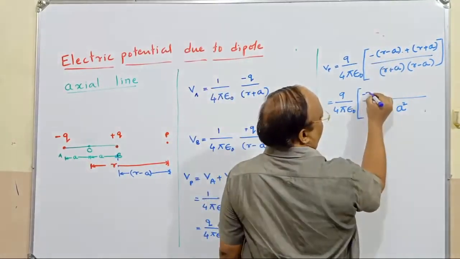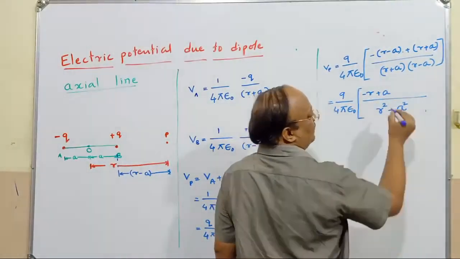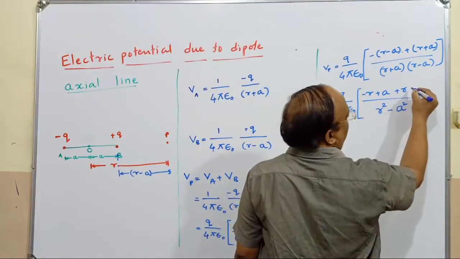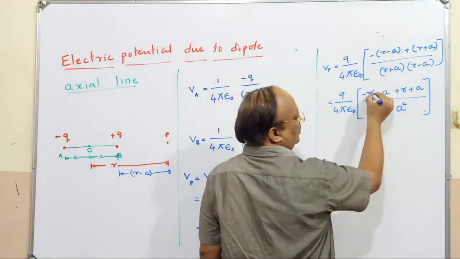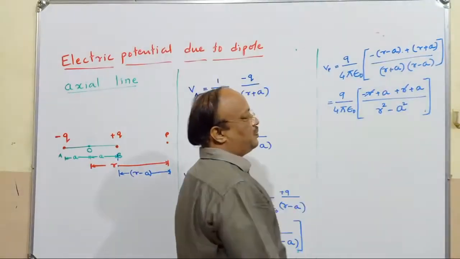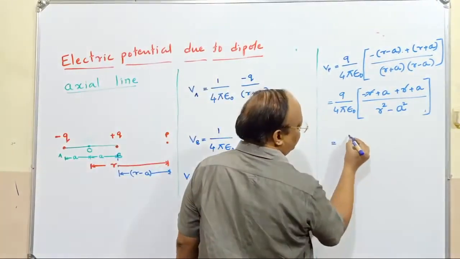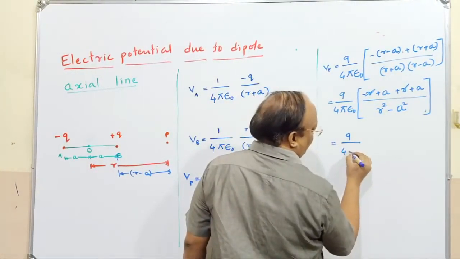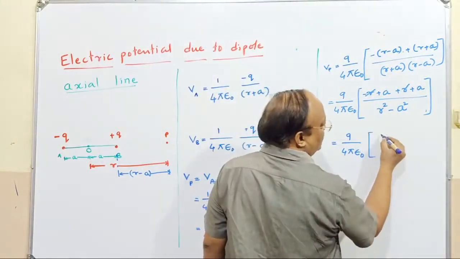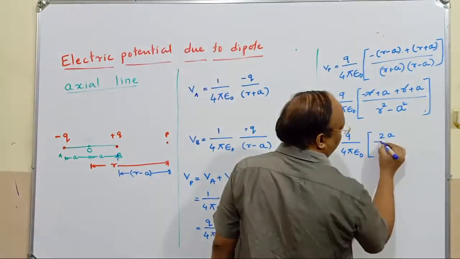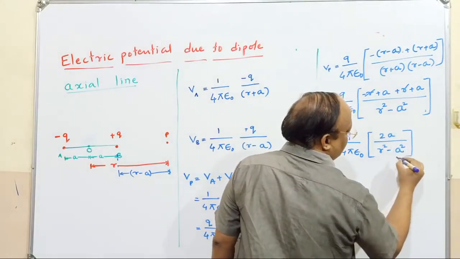So this is minus R plus A plus R plus A. This minus R and this plus R get cancelled. So this will be Q by 4 pi epsilon naught, 2A divided by R square minus A square.